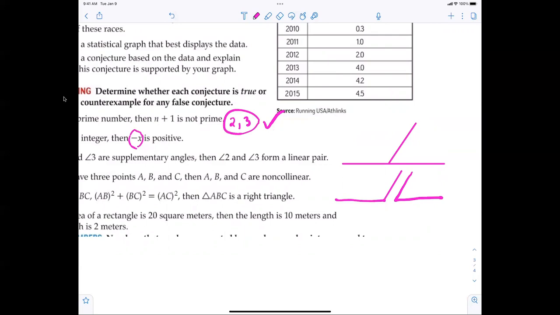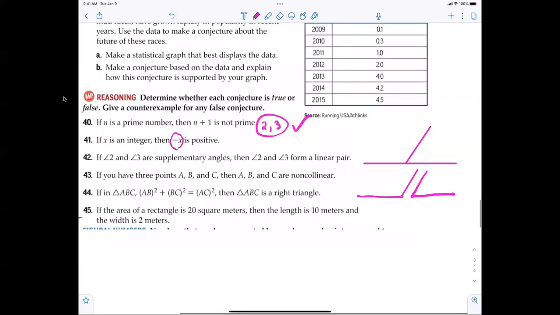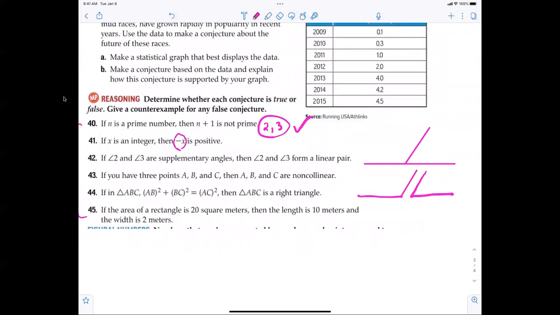If this is 150 and this is 30, are they supplementary? Does it matter how close they are to each other? Closeness has nothing to do with supplementary.